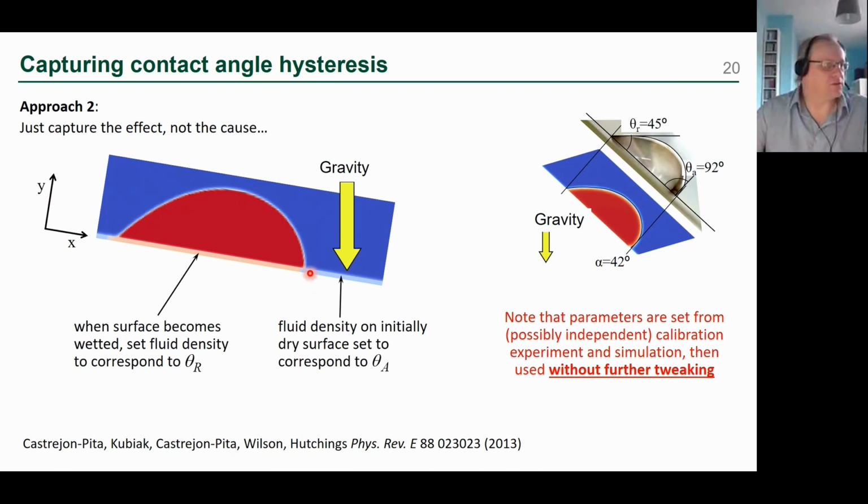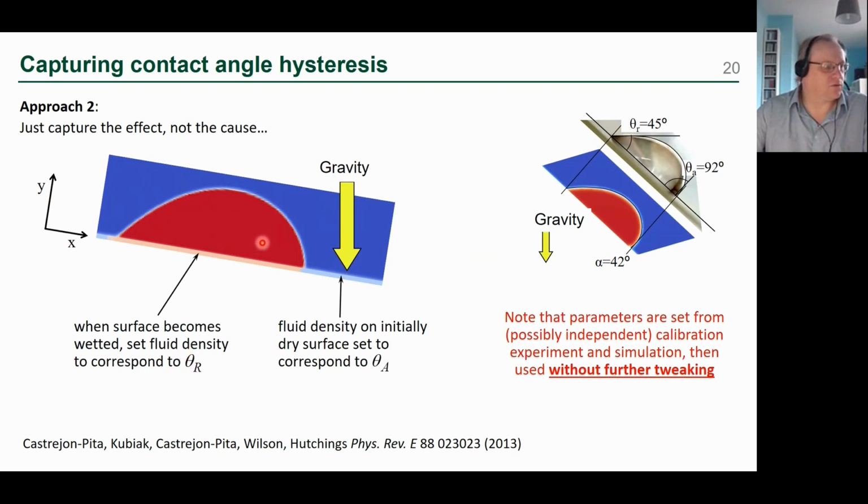What we do is we initially set our surface to have our wetting parameters such that the contact angle on the unwetted surface is equal to the advancing contact angle. And then once the surface becomes wetted, we change that so that it actually has a value corresponding to the receding contact angle.